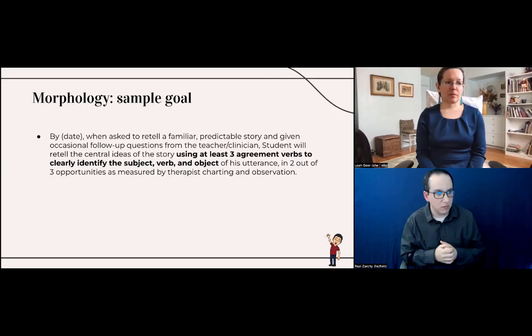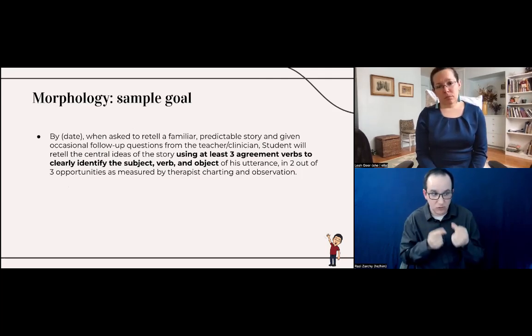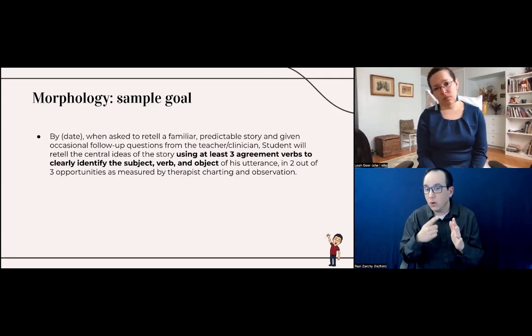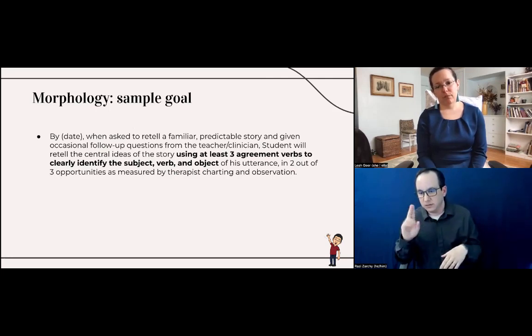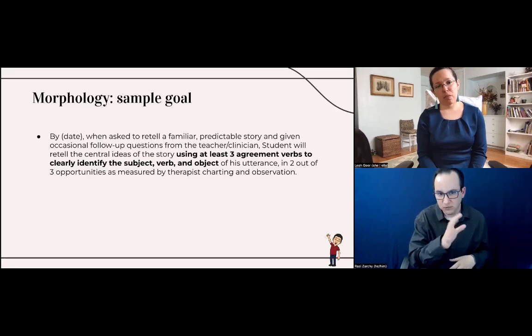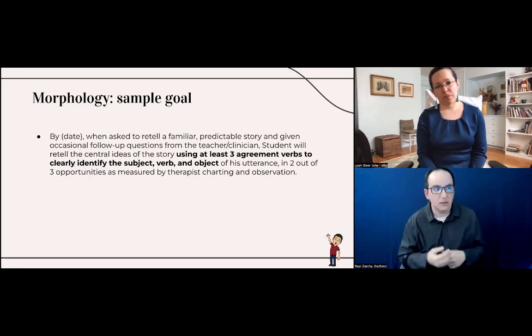So a goal for morphology. Many students that I work with struggle to show who's doing what to whom. Often the subject is there and the object is missing, or vice versa.